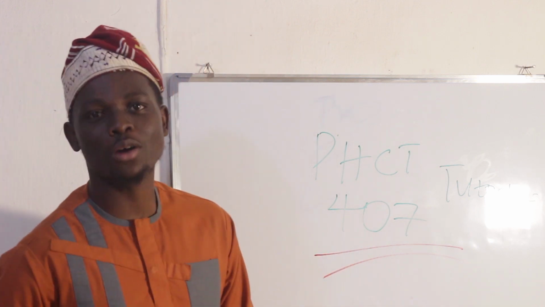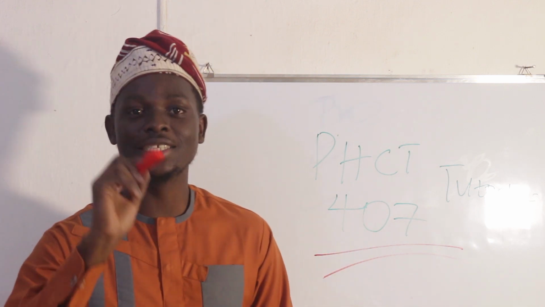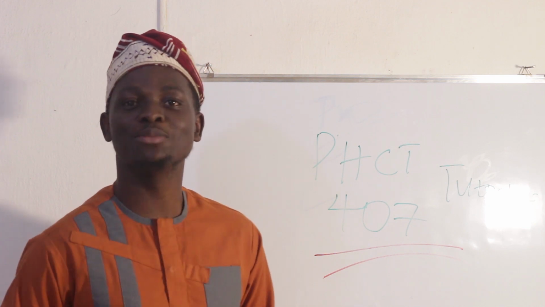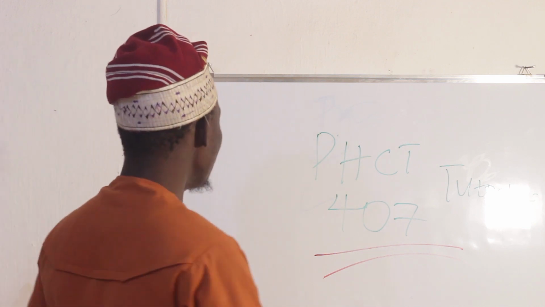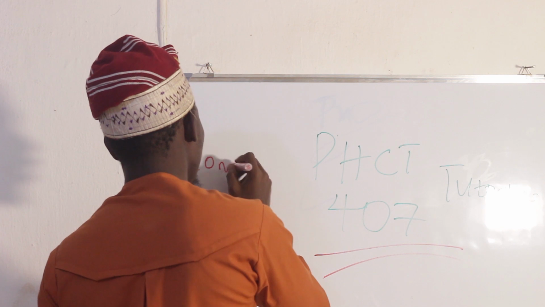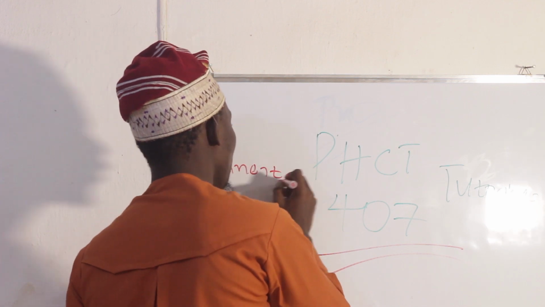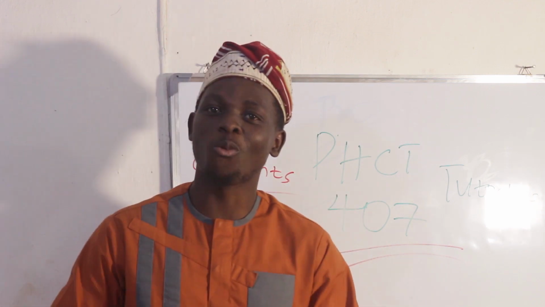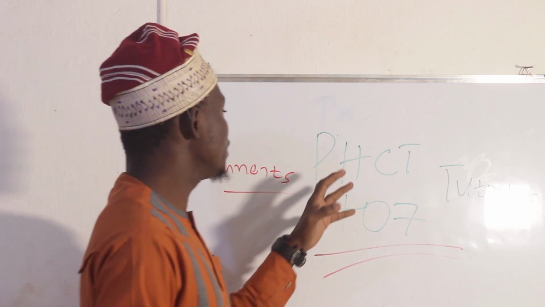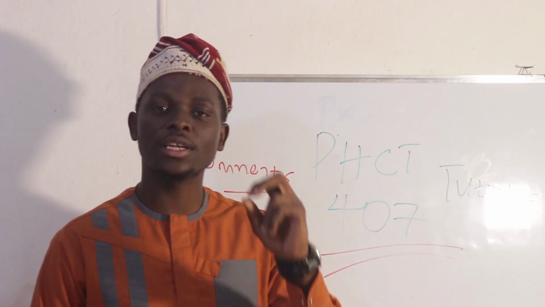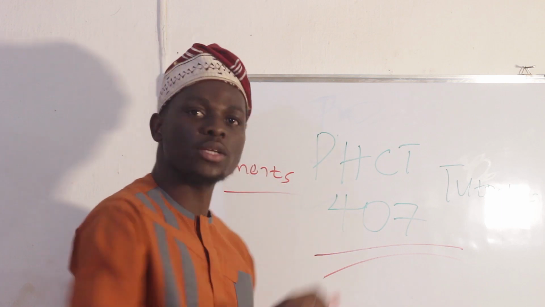You write the uses for the product, and that is all. But when it comes to Dispensing 407, it is a different case. The difference is in what we call comment. When I say comment, what do I mean? In Dispensing 407, one thing that distinguishes it is this aspect of comment.